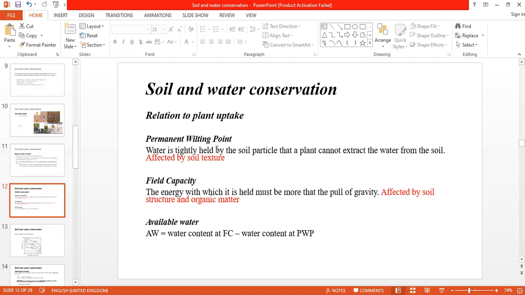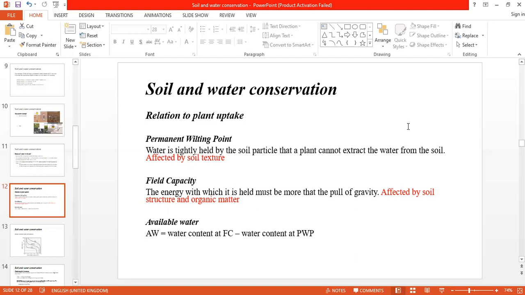The permanent wilting point is the water content at which the soil holds water so tightly that a plant cannot extract it from the soil particles.